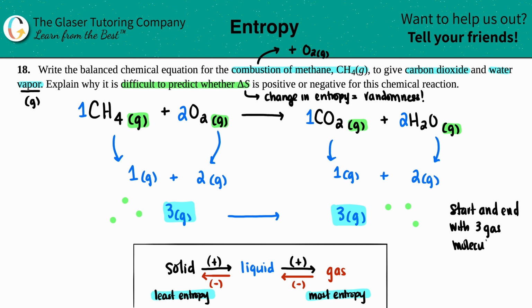So we cannot say that we're becoming more random or less random. Everything is the same. So that's why just looking at it, we can't really predict. In order to find out the entropy value, we would actually have to go into the tables, the appendix at the back of a textbook, get the actual entropy values and do the math, which I think is next section. So hang tight about that. But yeah, as far as this, can't really predict it.